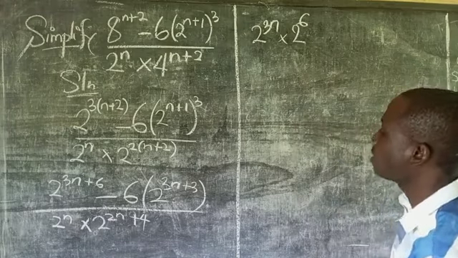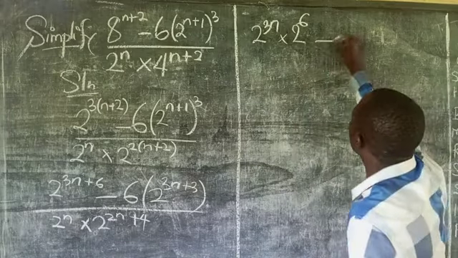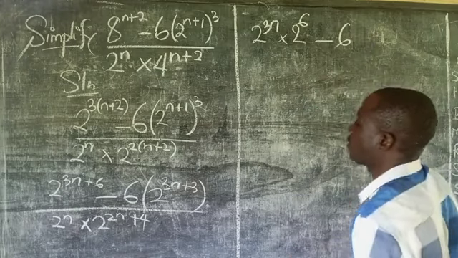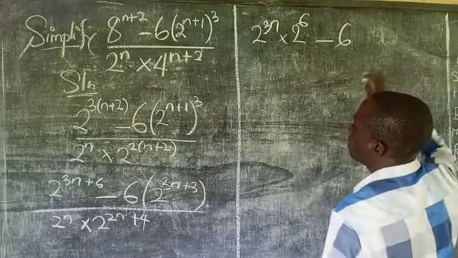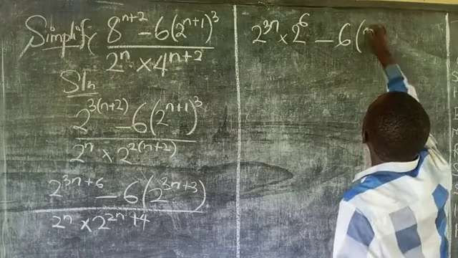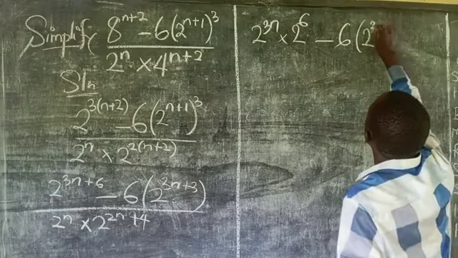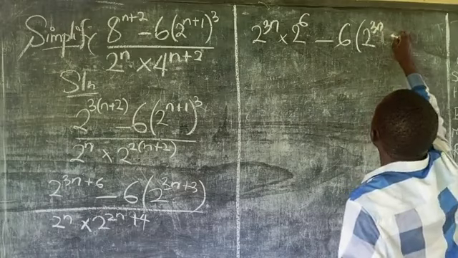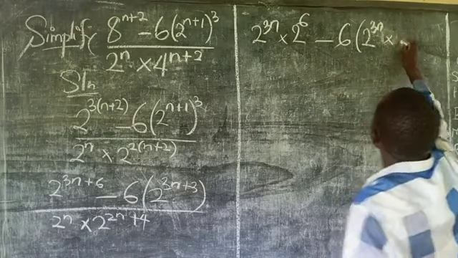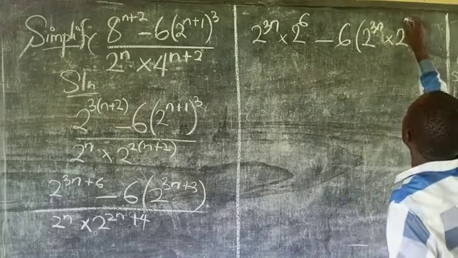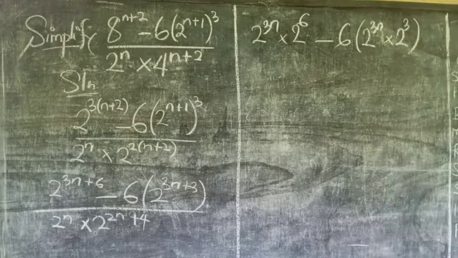So from there, we can say minus 6 times 2 raised to power 3n times 2 raised to power 3, the same way. Is that correct?